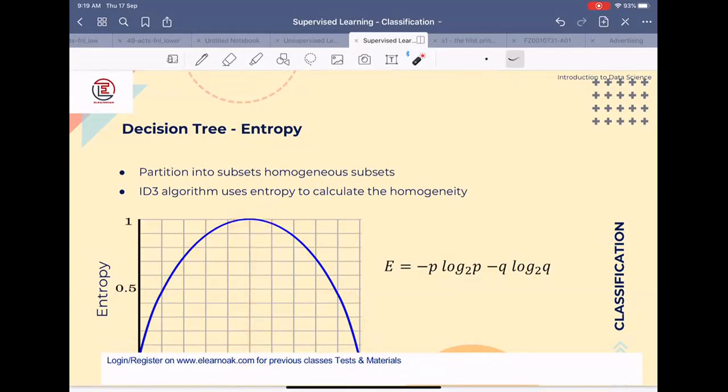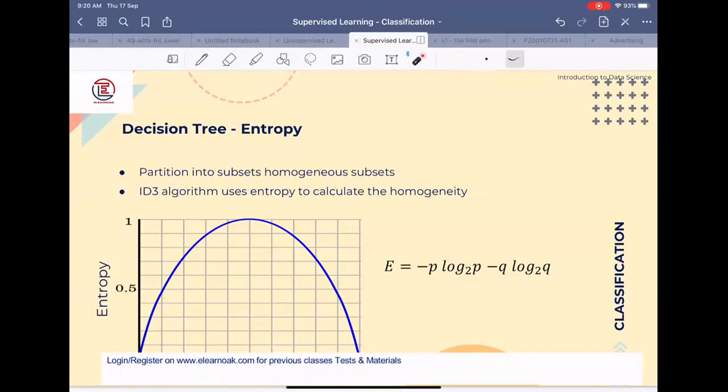So what this is trying to tell us is that p is basically the probability, or the measure of how many items I have. If all the items I have are yes, then my p is equal to 1. If all the items I have are no, my p is equal to 0.